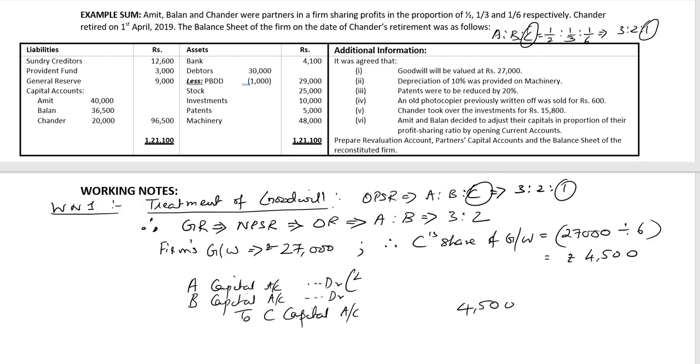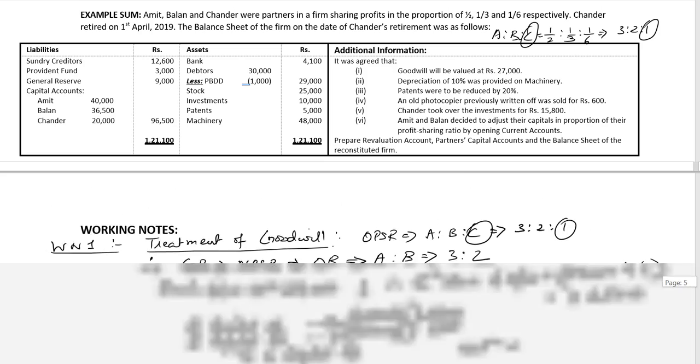So in the case of Amit, it's 4,500 rupees into 3 divided by 5, which is 2,700 rupees. And in the case of Balan, it's 4,500 rupees multiplied by 2 divided by 5, which is 1,800 rupees. So this is the journal entry for goodwill. We'll post this in the partners' capital accounts.